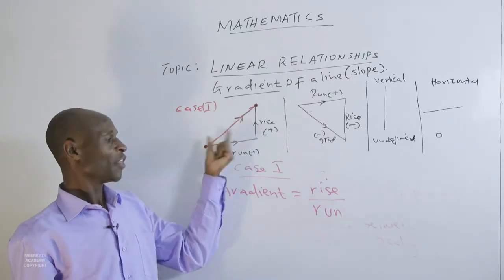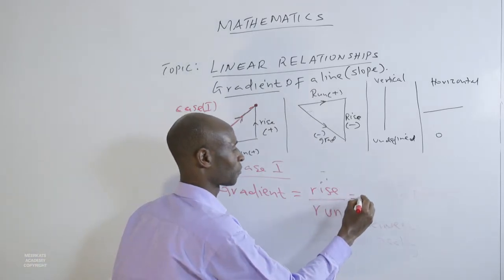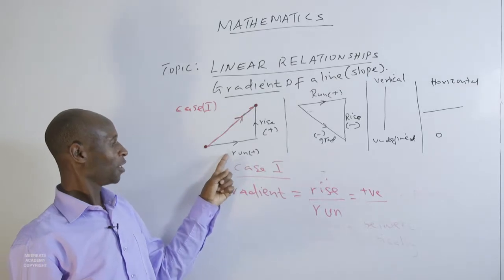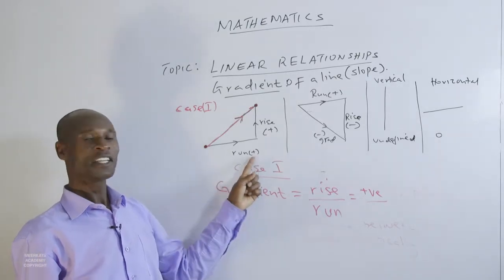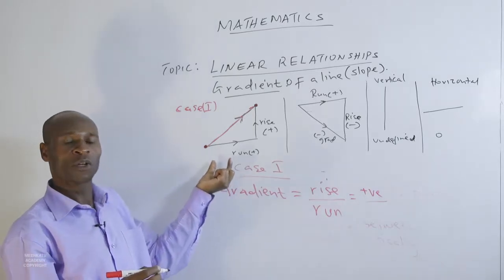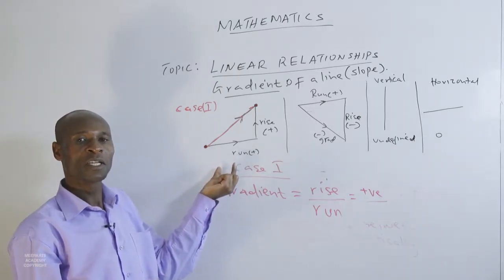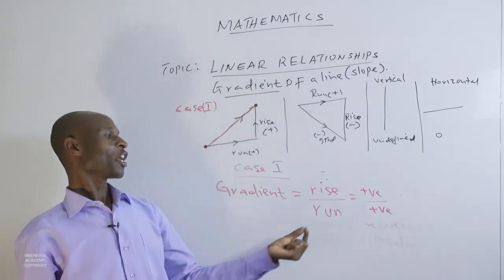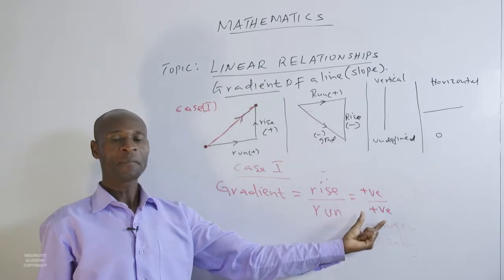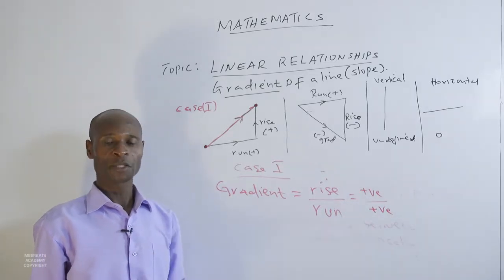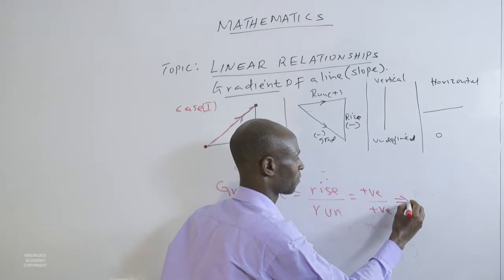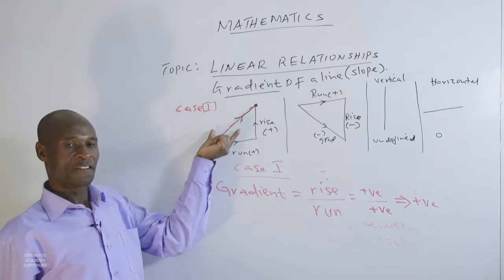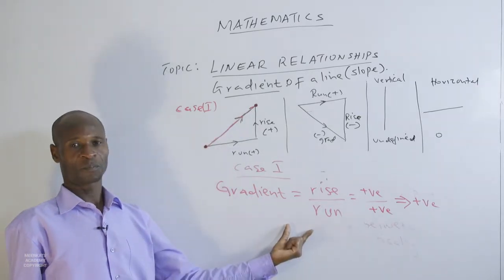In case 1, the rise is positive. In still case 1, the run is also positive. That is the horizontal distance between 2 points. If we take a positive value divided by a positive value, the result is positive. So this implies that the gradient for case 1 is positive.